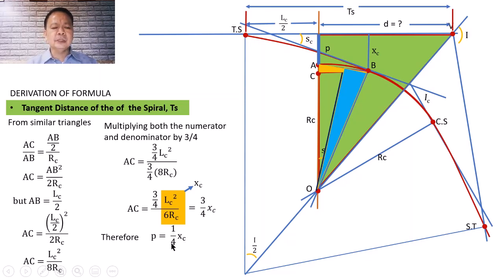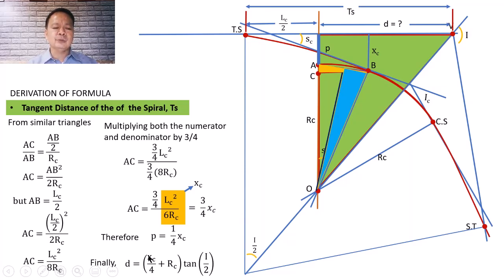Ngayon, because that is 1/4 of X sub C, then we can compute for this distance, using this triangle. Because this side, the total side, from this point up to that point is the sum of R sub C plus P. And so you have here R sub C plus P, and P is equal to X sub C over 4.